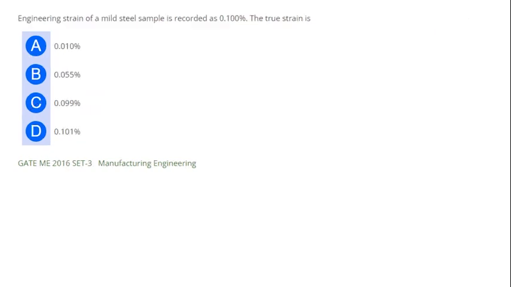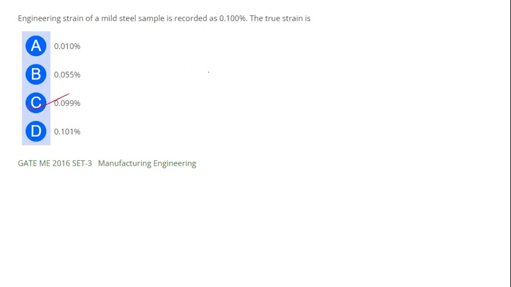Now solve this question. C. Yes, C is correct.